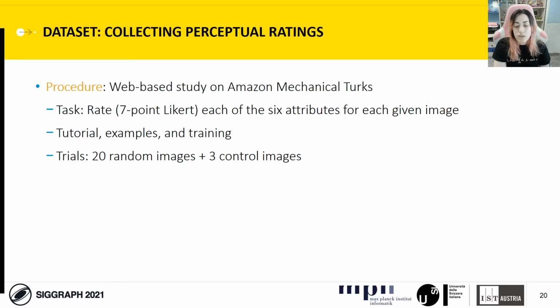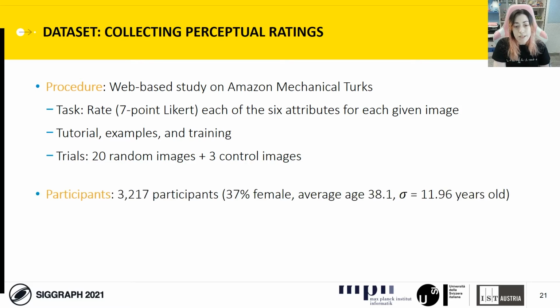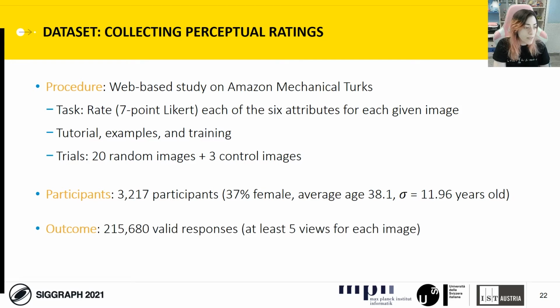Each survey contained 20 random images from our pool, plus 3 control images for discarding unreliable users. In total, more than 3,000 participants took part in our study, and the outcome of this study were more than 200,000 valid responses, from which we also ensured that at the end, each image had at least 5 views from different users.